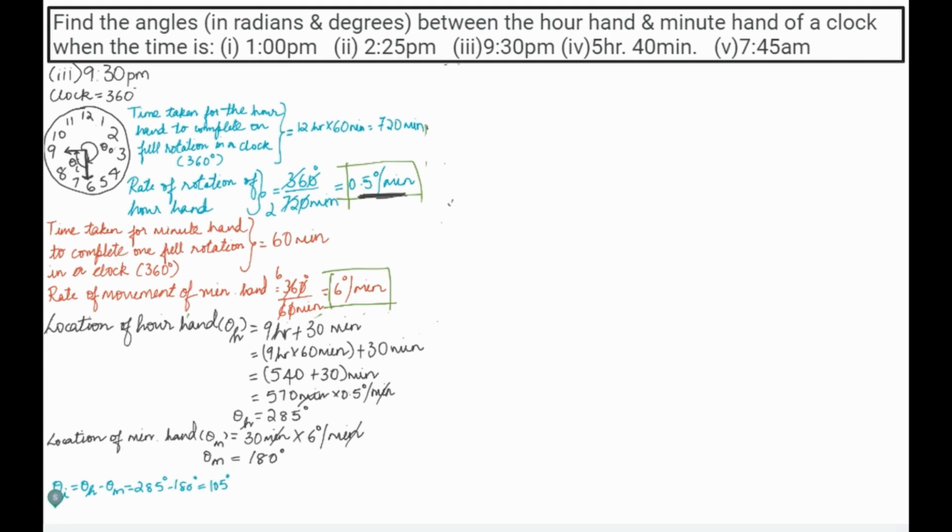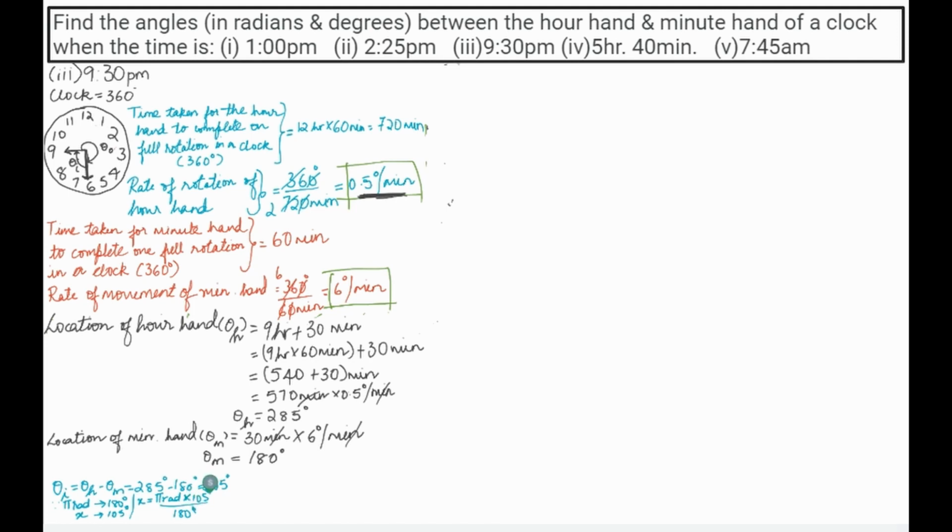In terms of radians, for all, pi radians is equal to 180 degrees. So how much is 105 degrees in radians? Let this be x. When we cross multiply this, we get x is equal to pi radians into 105 degrees divided by 180 degrees.